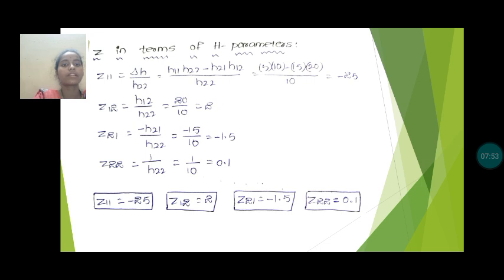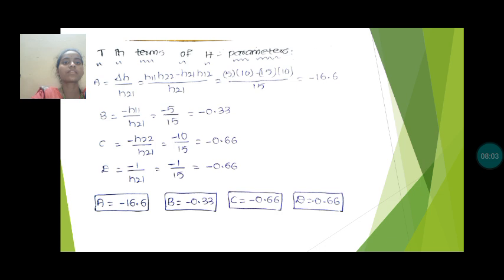Here are the values: Z11 equals minus 25, Z12 equals 2, Z21 equals minus 1.5, Z22 equals 0.1. Next conversions are T in terms of H parameters. Here is the formula. A equals (H11 H22 minus H12 H21) by H21 equals (5 into 10 minus 15 into 20) by 15 equals minus 16.6.